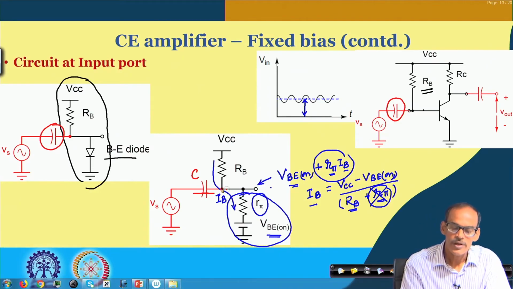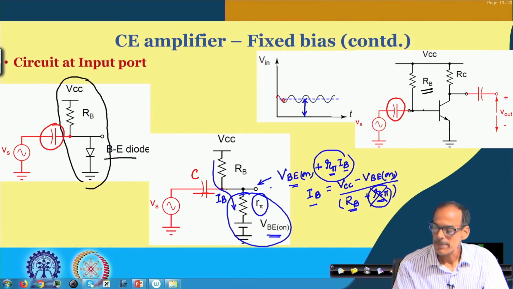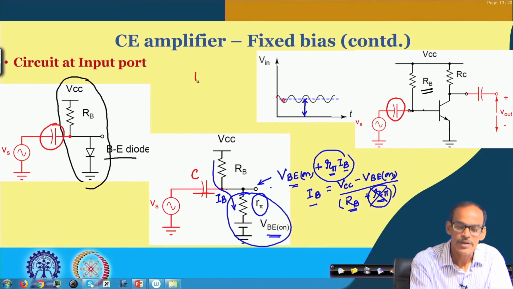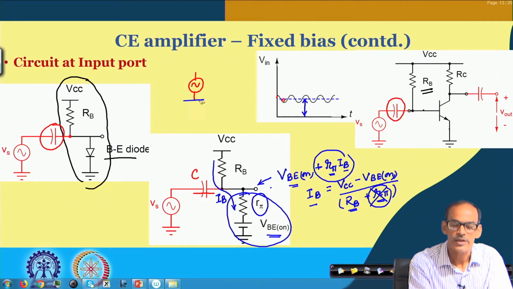So, at this point if you observe the instantaneous voltage, it has a DC, and on top of that it has the small signal. So, equivalently it is a small signal riding over the DC voltage.